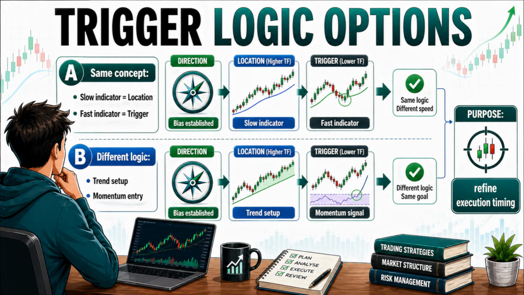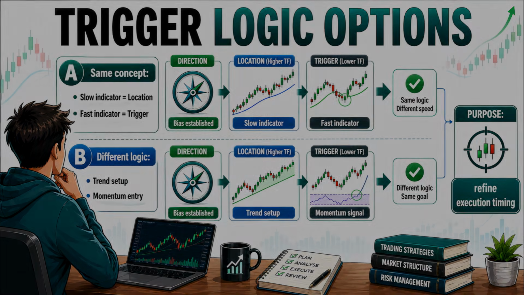In other systems, the layers may use completely different types of logic. For instance, a higher time frame trend strategy may define the setup, while a lower time frame momentum signal defines the entry timing. Regardless of the method used, the purpose of the trigger layer is to refine the timing of execution once the broader structure of the trade has already been established.